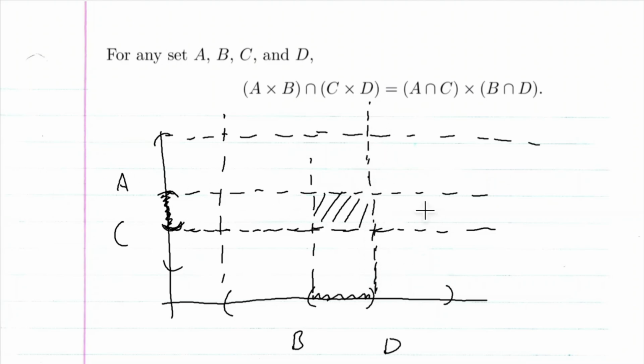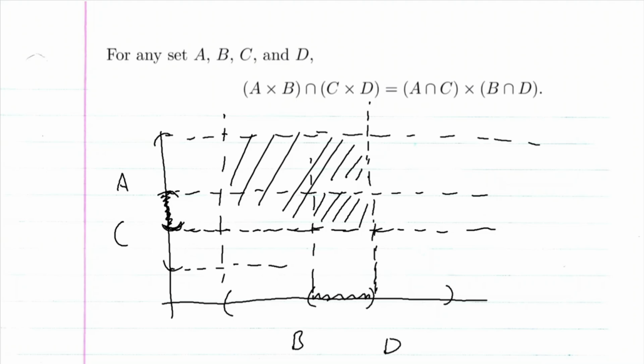Okay, so A cross B is this area here, and then C cross D is this area here. So this is C, and then D is here. So C cross D is this area here. Notice between this area and this area, their intersection is this area here.